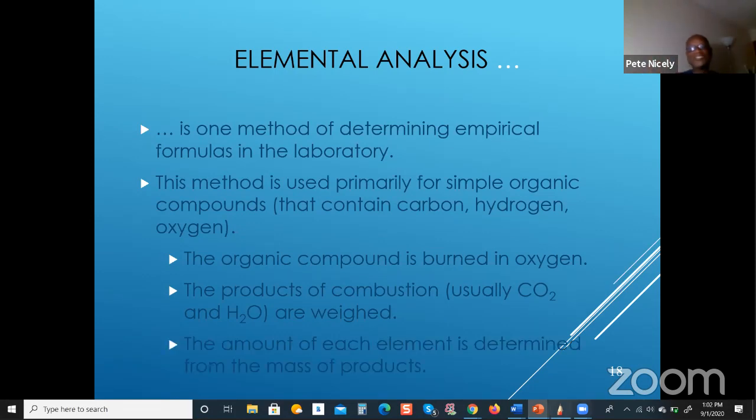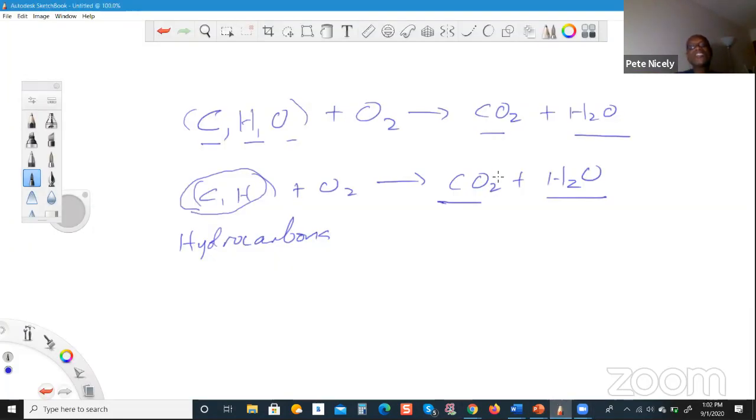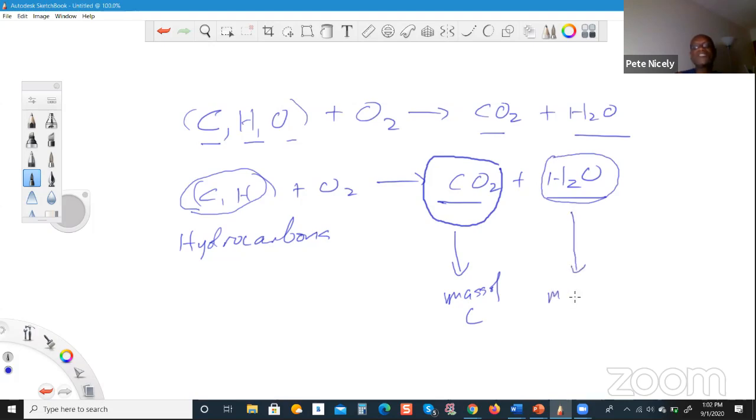So going back to the writing pad here, if you can somehow determine the mass of the carbon dioxide here, from this you can get the mass of carbon. And if you can determine the mass of water here, you can use this to determine the mass of hydrogen.